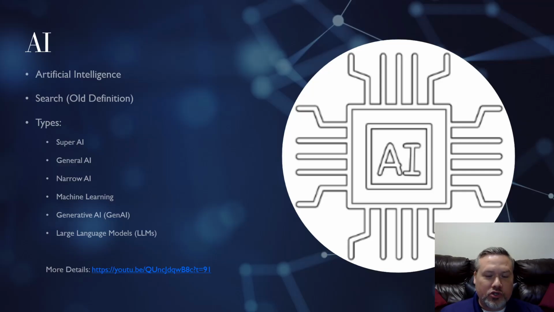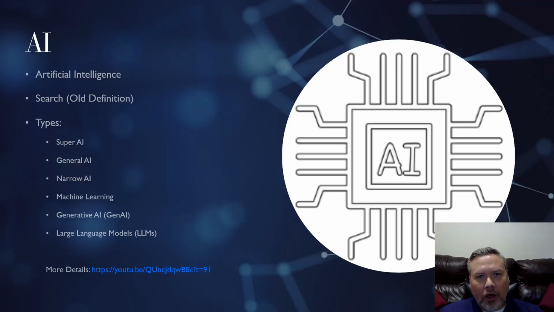Some of the types do not exist yet. The first two, super AI, is when we anticipate AI becoming smarter than human beings. And we don't know when that's going to get here. We don't know if it's ever going to get here. But that is something that scientists and researchers and AI developers are looking at, working towards.